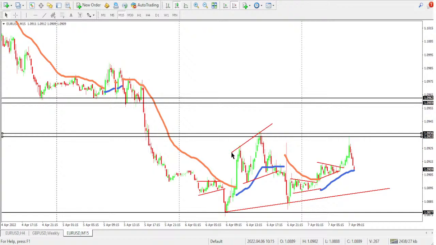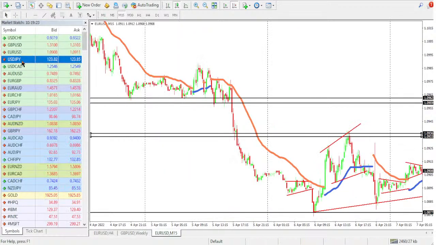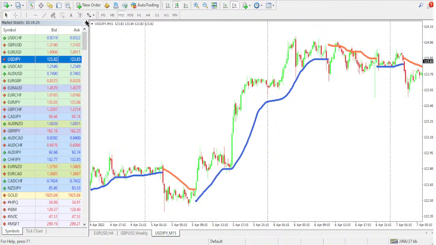So technically, this is what we are looking at. We're looking at the possibility that the price may break below this moving average, then continue down towards this trend line. If it does descend below that trend line, then we will expect it to continue down up to this trend line here.